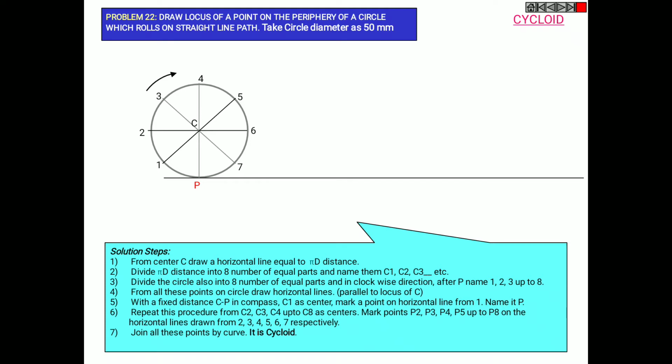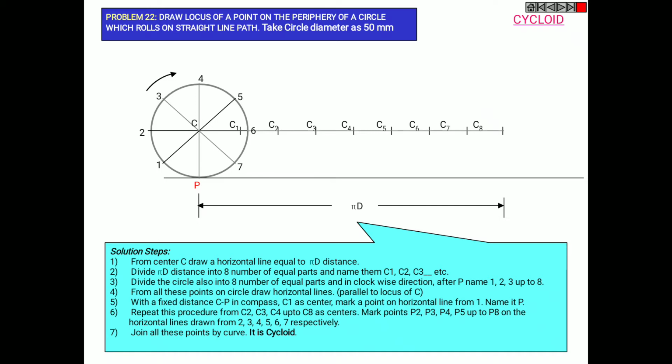Extend the line from the center C to the value of pi d, nothing but the circumference of the circle. Divide this line again into 8 equal parts and mark them as C1, C2 and so on to C8.